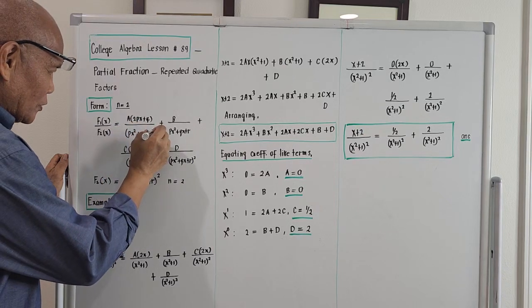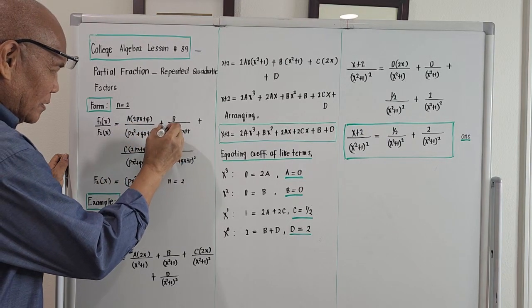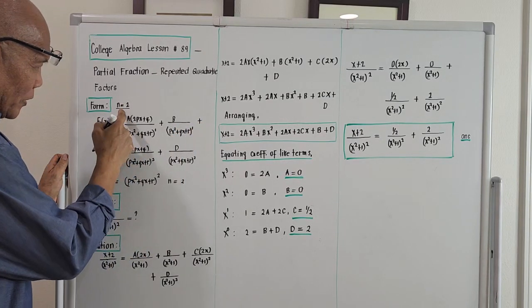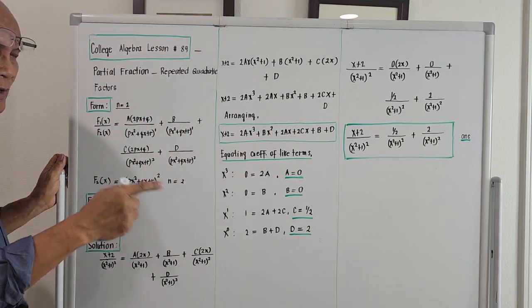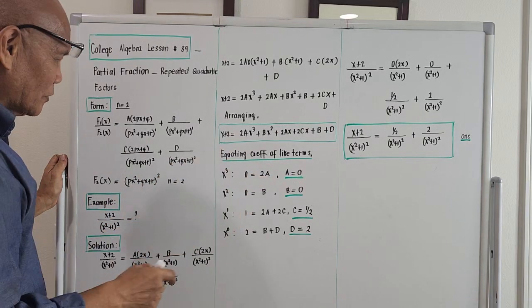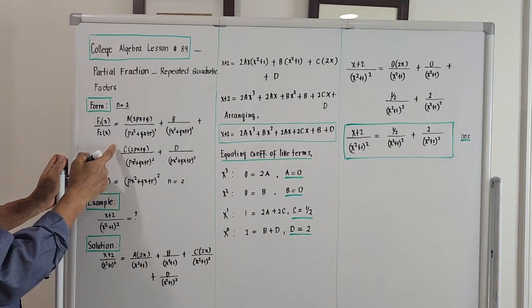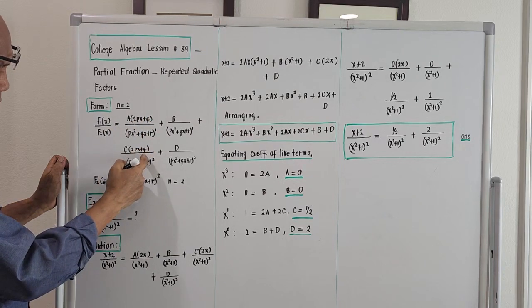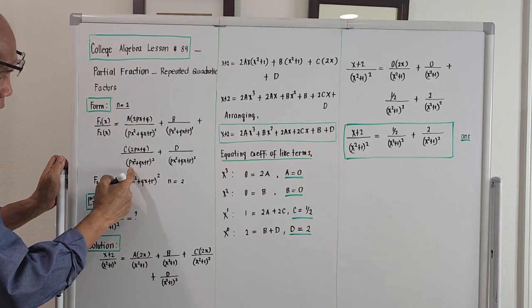The power of the first one is actually 1. So for n is equal to 2, there will be an additional 2 partial fractions. That is another constant c times 2px plus q, all over the given quadratic.